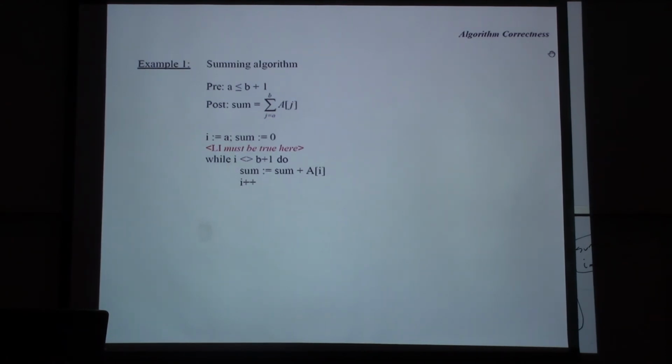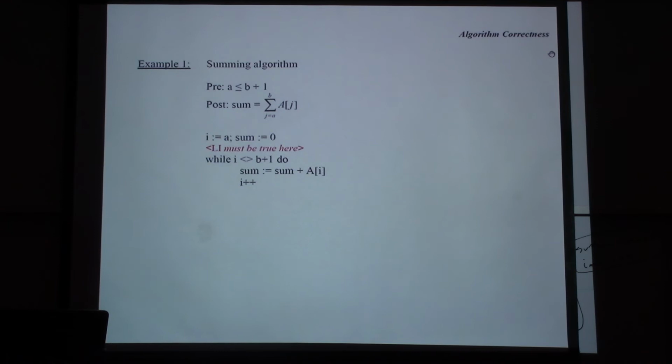So it was written there that for the summing algorithm, every condition should be true, right? Precondition. The precondition must be true before the algorithm starts, yes. So wouldn't it end up being an infinite loop over there? Why? Well, first of all, if A is equal to B plus 1 initially, then the break condition will be true initially.